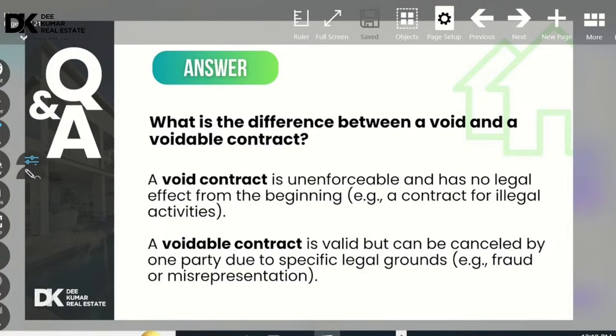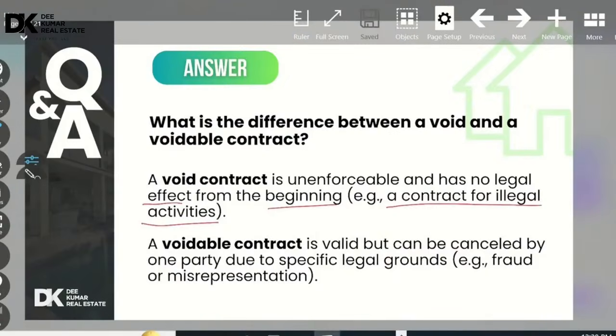A void contract is unenforceable and has no legal effect from the beginning. It wasn't properly written. A classic one is a contract for illegal activities. There has to be an offer and an acceptance of an offer. There has to be consideration in a contract. There has to be mutual assent, a meeting of the minds.